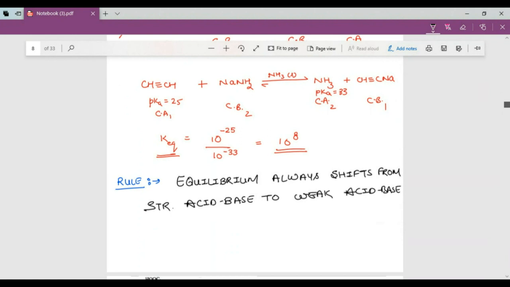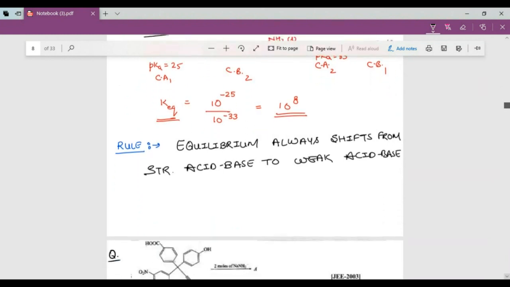So you can see relatively this is the stronger acid, this is the weaker acid. So always, as a rule, it moves from the stronger acid-base pair to the weaker acid-base side. Take it as a rule, it will help you.